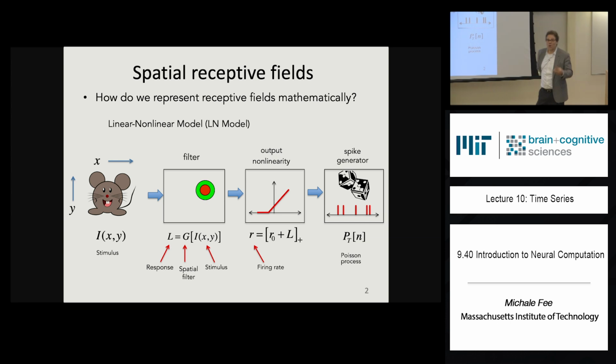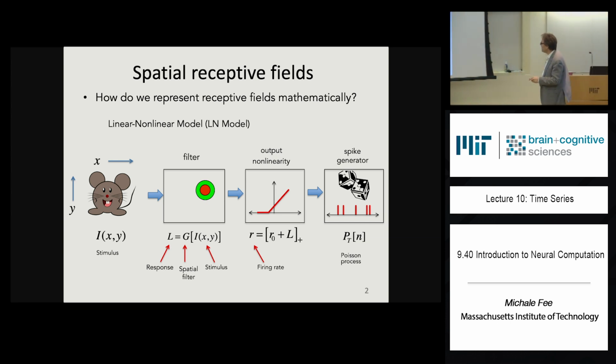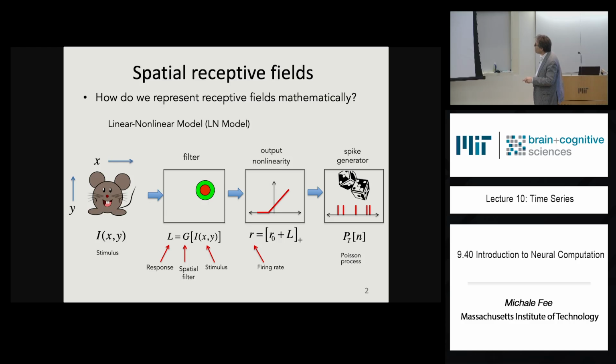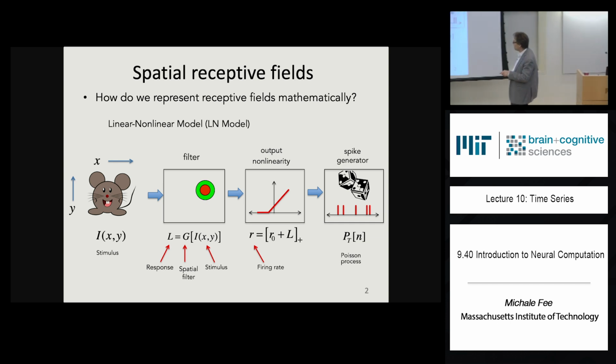So a typical way this would look for a neuron is that if the filter response L is 0, the neuron might have some spontaneous firing rate R0, and the firing rate of the neuron is modulated linearly around that spontaneous firing rate by an amount proportional to the response of the filter.